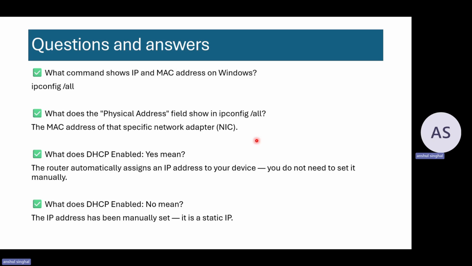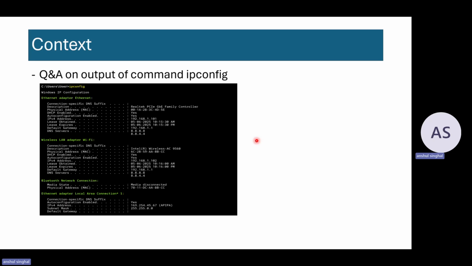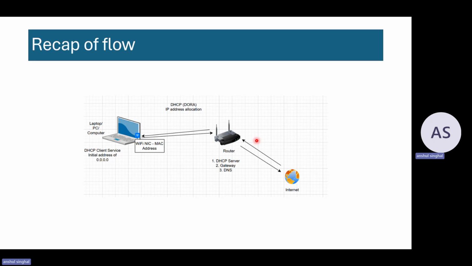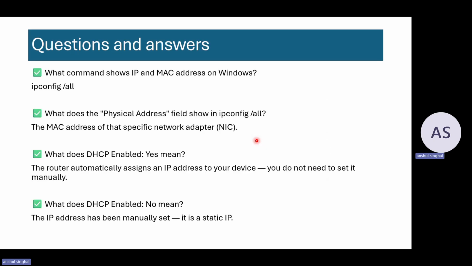Then the next one is, what does DHCP enabled mean? As you can see in the first screenshot of the ipconfig command output, DHCP enabled is a Boolean flag, so it is going to have yes or no. If DHCP enabled is yes, then it means that a router is going to assign an IP address to this device based on the DHCP client service and DHCP server communication.